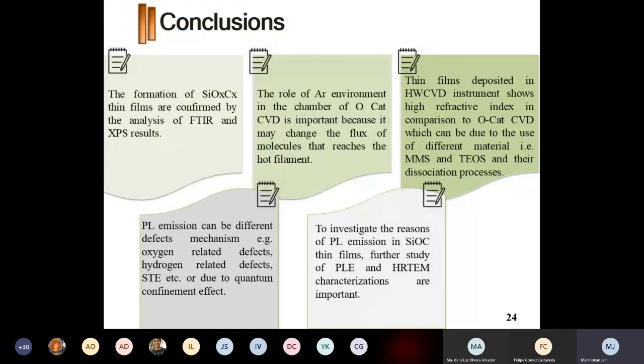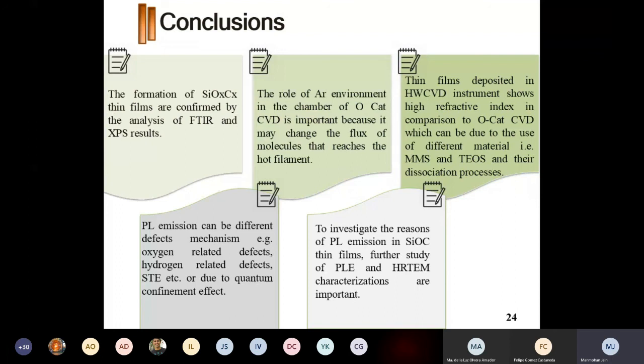So these are the conclusions: we have confirmed the formation of silicon oxycarbide thin films with the help of FTIR and XPS results. We have also discussed the role of the argon environment in the chamber of OCAD CVD, which is important because it may change the flux of molecules that reach the hot filament. Besides, the thin films deposited in the hot wire CVD instrument show a high refractive index in comparison to OCAD CVD.